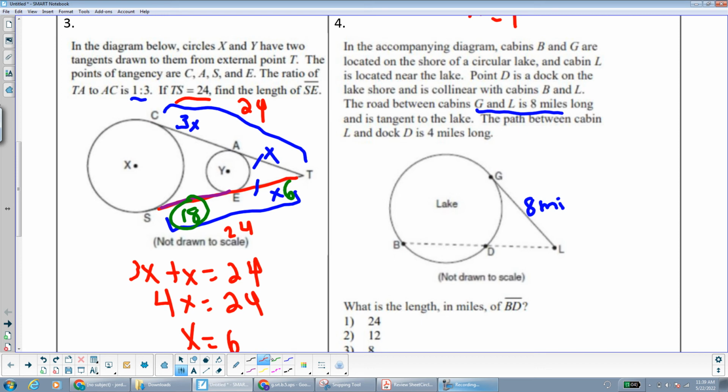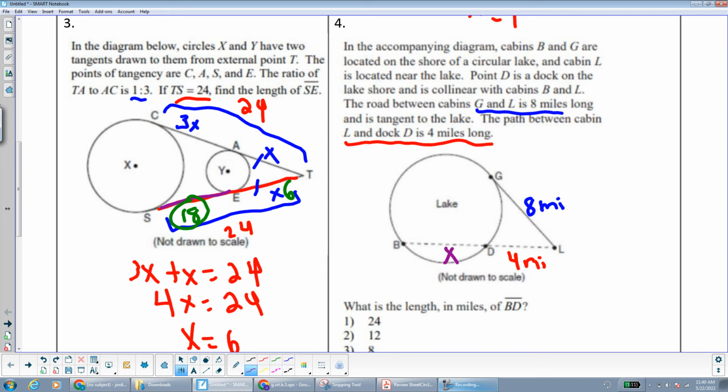And it also says that the path between cabin L and dock D, so here from L to D, is 4 miles long. And we're looking for the length of BD. So I'll label that with a question mark over here, or I can just label it with an X. That's probably easier instead of a question mark.